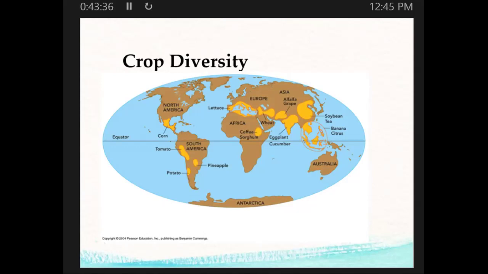We see that crop diversity, the origin of different crops, is actually quite diverse across the globe. It's not just in the Mediterranean, but that was one of the first theories. But you can see here in this map, showing crops, that across the globe you have the different crops that are currently grown still today.